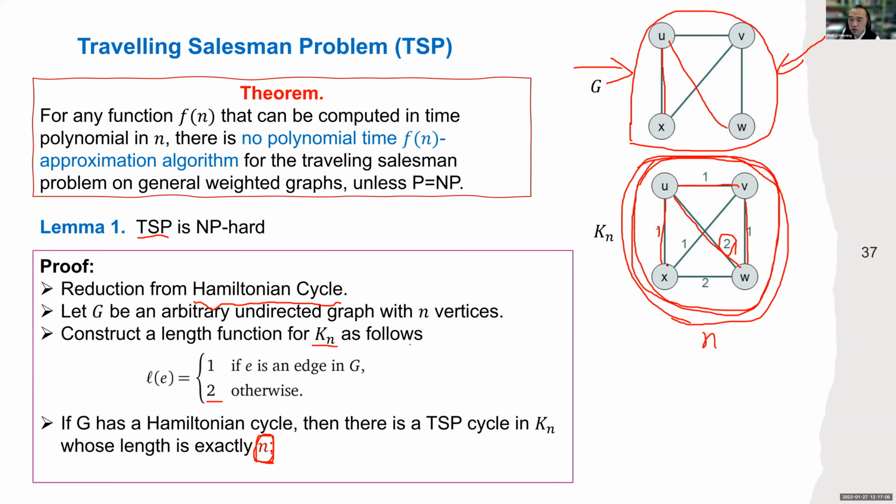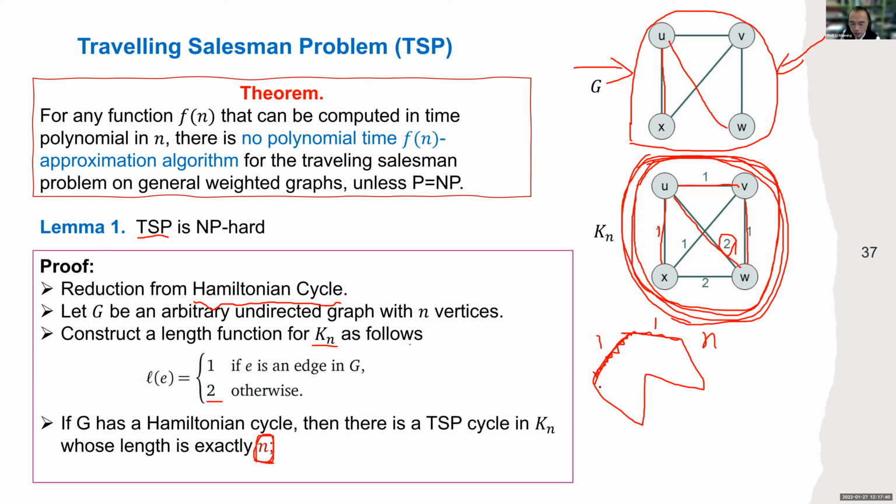Now remember, TSP, the traveling salesman problem, is also a cycle, right? It's also a cycle going through all the nodes. Like this. And then you can see that a Hamiltonian cycle maps down to the target graph in such a way that every edge has a length 1, because if the edge exists in the original graph, then the length is 1.